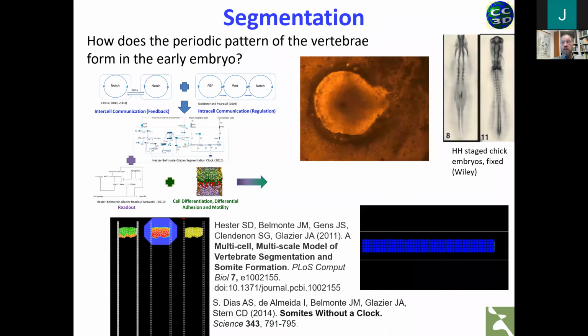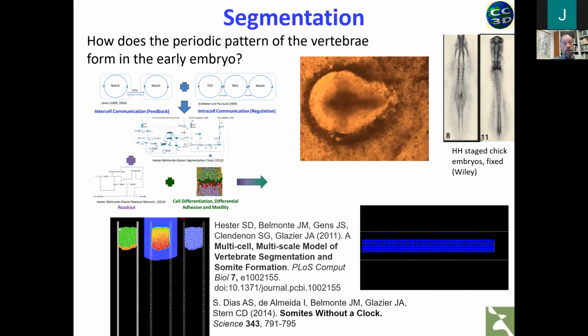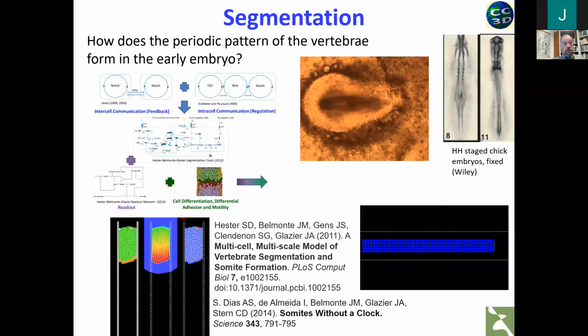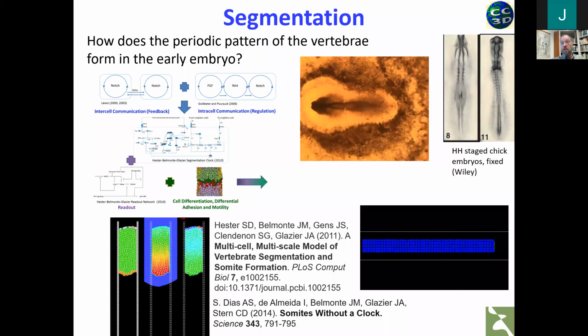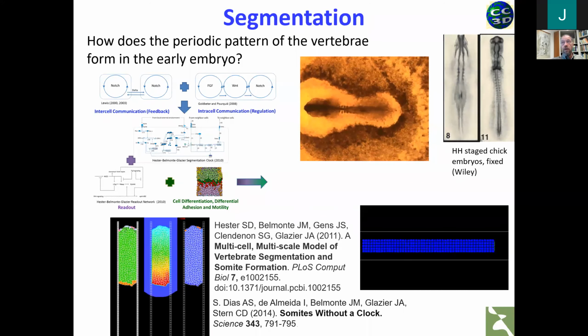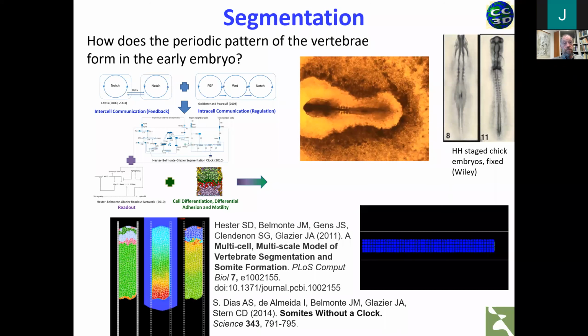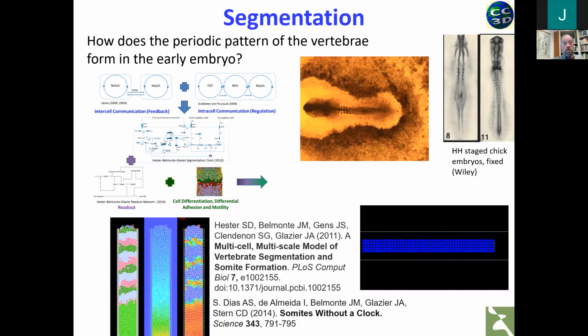And we've spent many years trying to understand how the interaction of chemical and mechanical signals works in this case. There's a very complex set of chemical signals within and between the cells that lead to what's called a Semitic clock. That Semitic clock interacts with cell differentiation to change the mechanical properties of the cells and allow them to organize into periodic condensed regions called somites. And that's on the left.